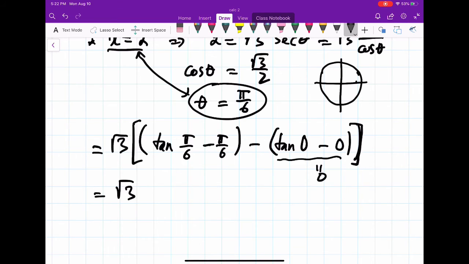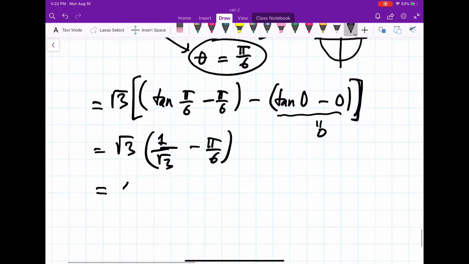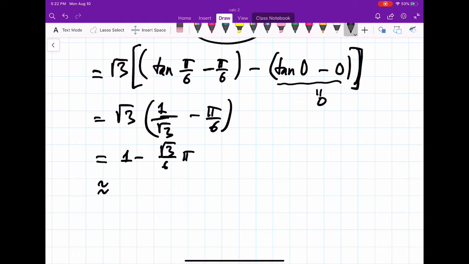So what is tangent of pi over 6? I think that is 1 over square root 3. So you will have 1 minus square root 3 over 6 pi, which is approximately equal to 0.931.